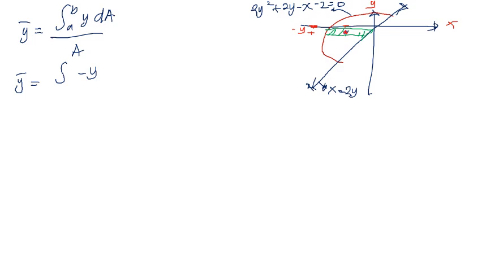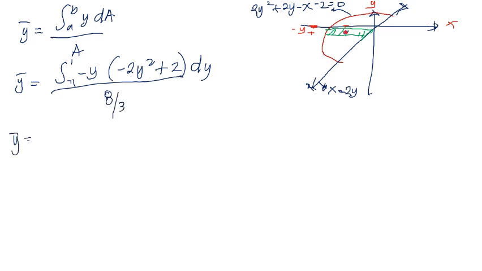So negative y times dA, that was negative 2y squared plus 2 times dy. We just simplified it all over, because dA was x right minus x left, from negative 1 to 1 all over 8 all over 3, which is our area. So now we could solve for the y bar.